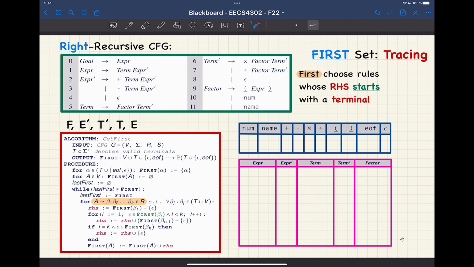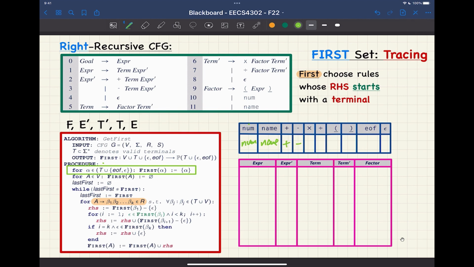Okay? Let's now take a look. Let's do the simple part. This part over here, simply just build a base case. For every one of the terminals and also EOF and epsilon, the first set will just be itself. So for none, it will just contain none. For name, it will just be name.